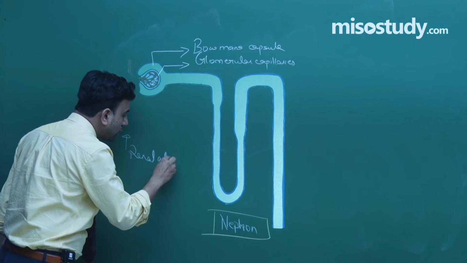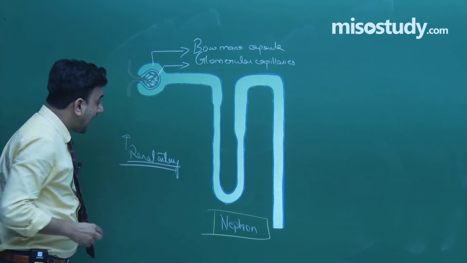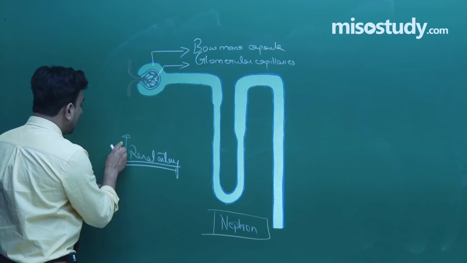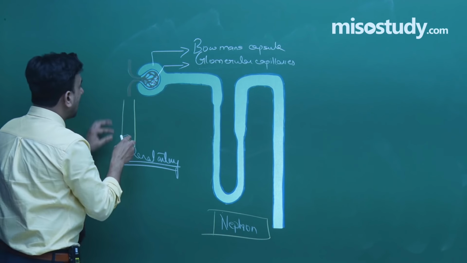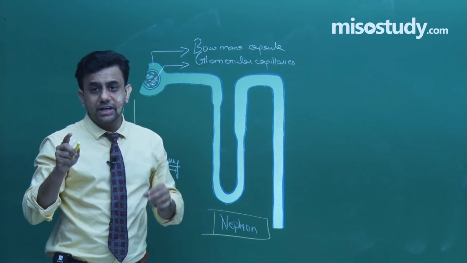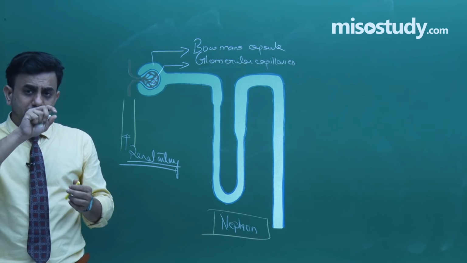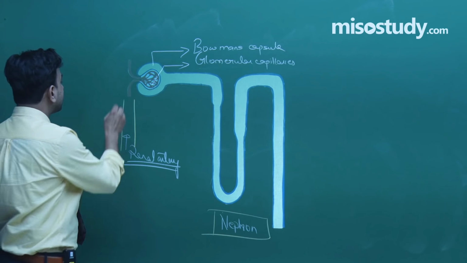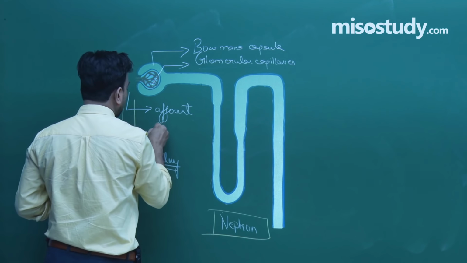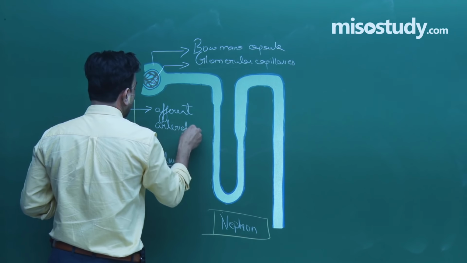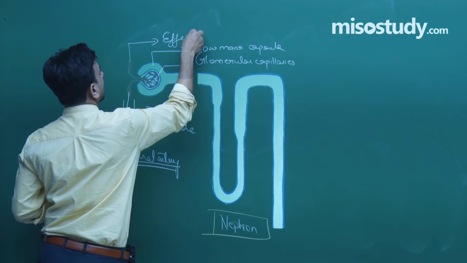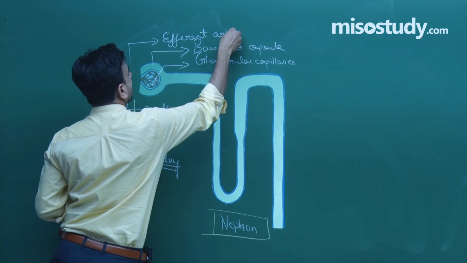The renal artery is carrying the oxygenated blood from the heart to the kidney. Once the renal artery comes here, that artery divides into a number of arterioles. This is the afferent arteriole, and this is the efferent arteriole, E for exit.